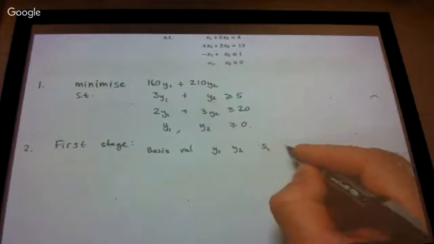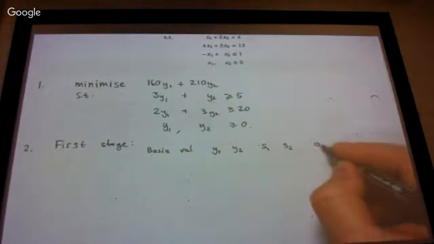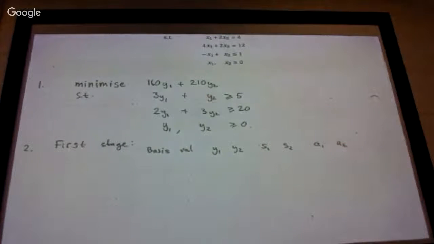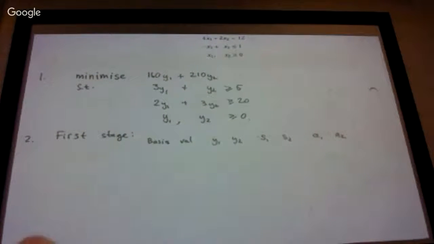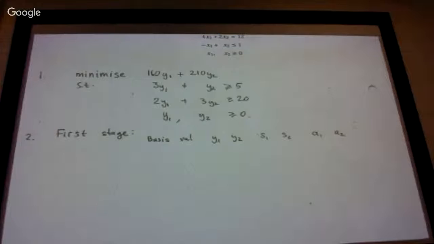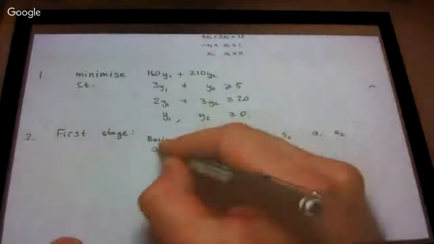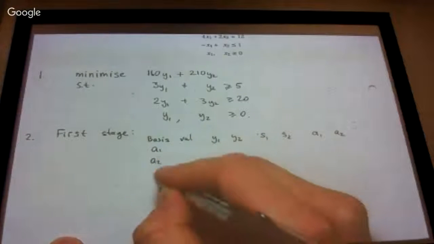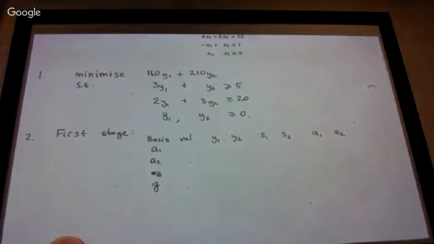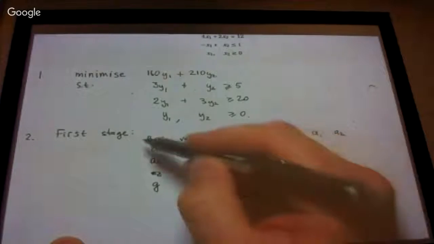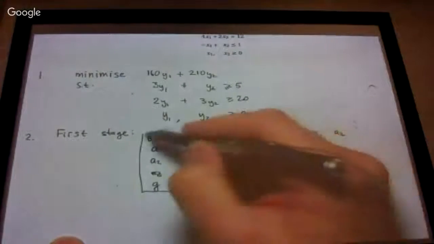Then we had s1, s2, and two artificial variables because each of the two constraints is a greater than or equal to constraint. So in the basis we'll have a1 and a2, and then we have the original variable z, and we have the artificial objective g. This is the shape of the tableau.